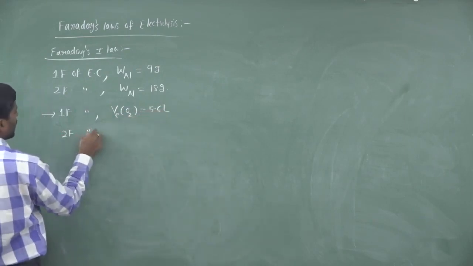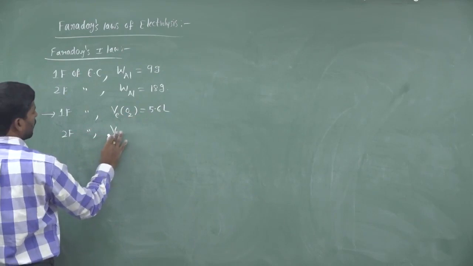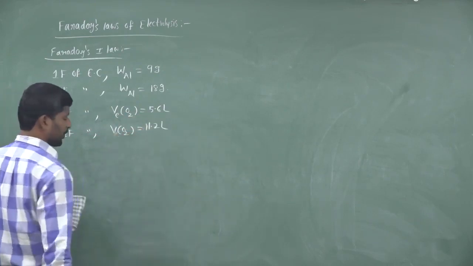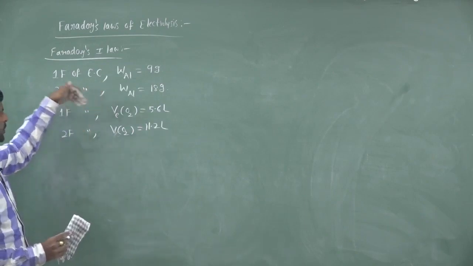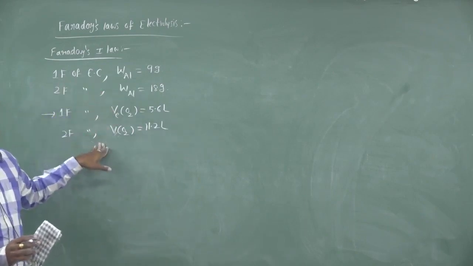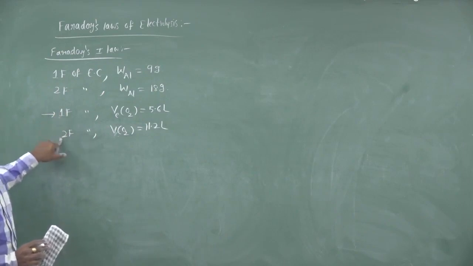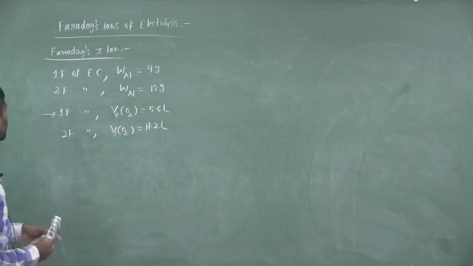If you pass 2 Faradays of electric current, what is the volume of oxygen gas evolved? 11.2 liters. So the weight of substance deposited or the volume of gases evolved during electrolysis at an electrode is directly proportional to the quantity of current we are passing. Okay, that is Faraday's first law.